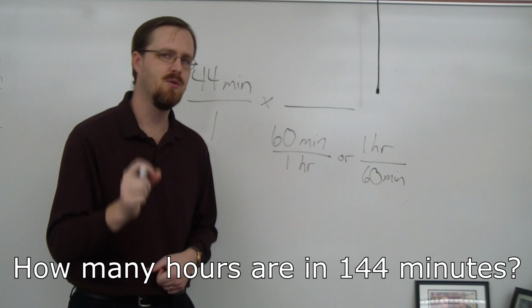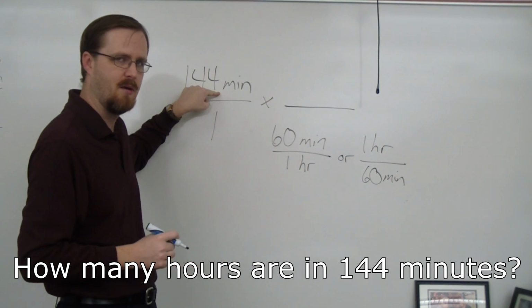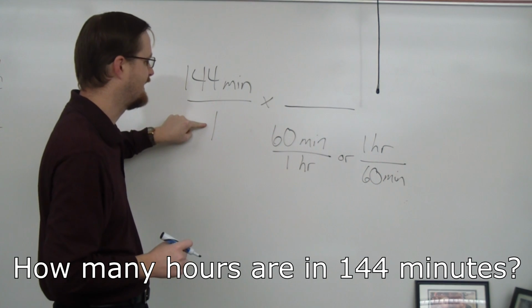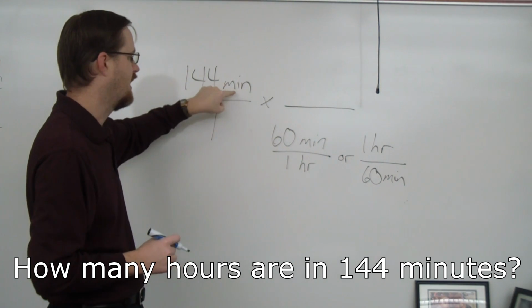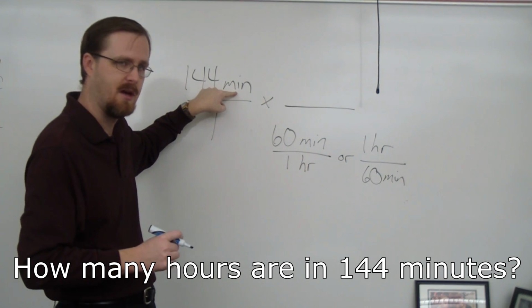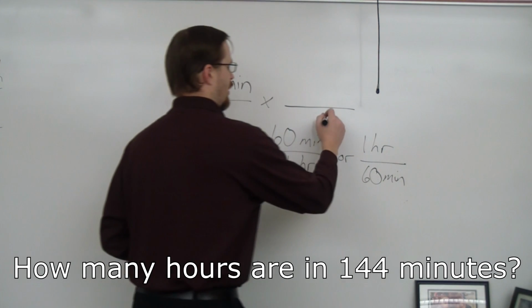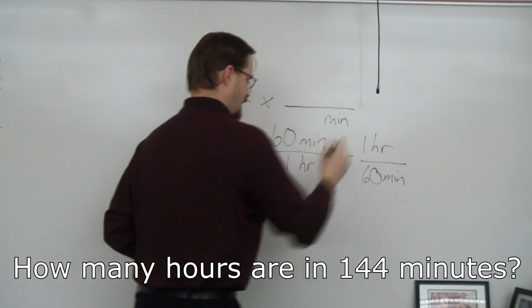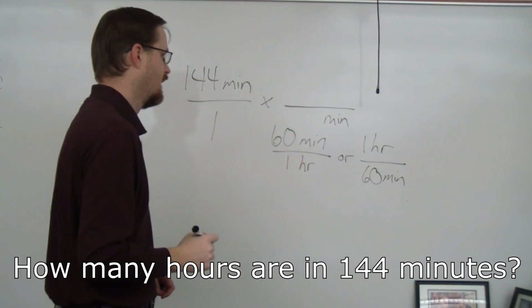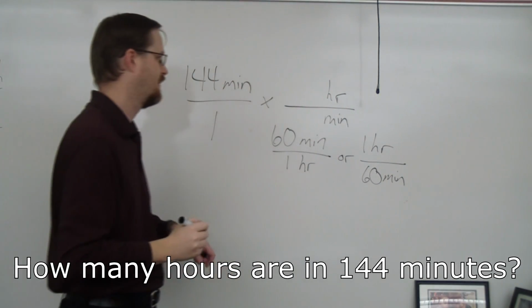This is where the units come in. Okay? So you look back over here, and this is why we also write this as a fraction. Okay? Here we have minutes on top of the fraction line, which means that we want minutes to go on the bottom over here. Okay? Which means then hours will go on top.